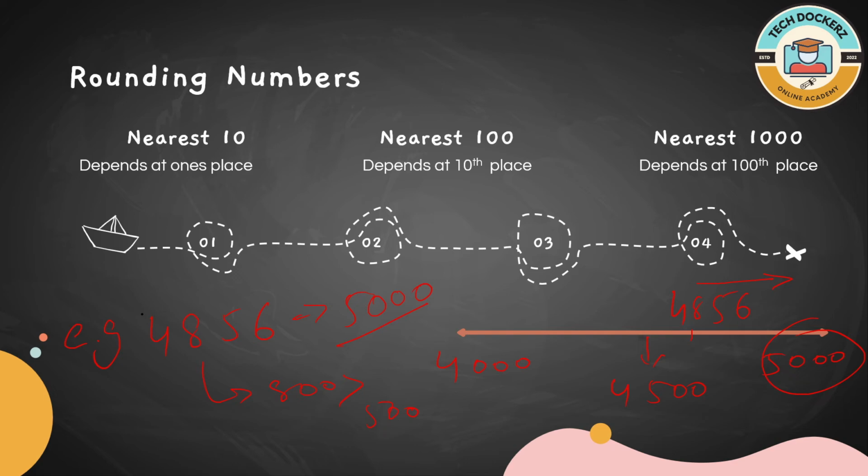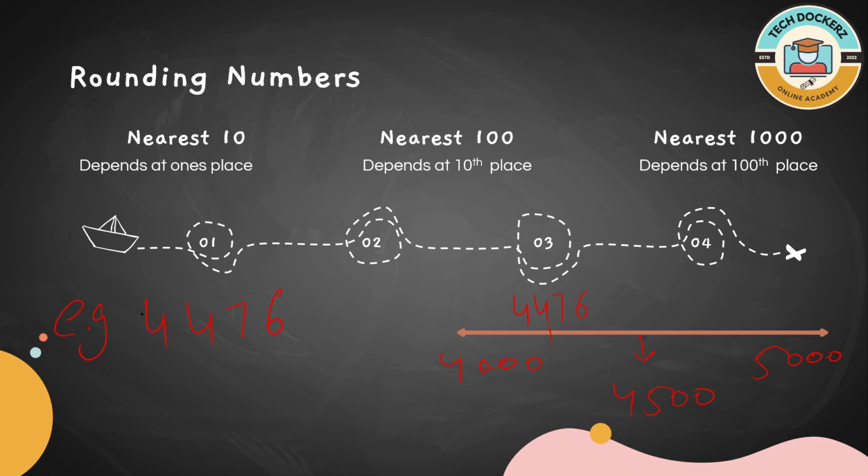All right. And if the value of the hundreds place is less than 5, what will happen? Let's understand with an example. 4,476 falls between 4,000 and 5,000. The halfway of 4,000 and 5,000 is 4,500. Let's write down the number, which will fall somewhere here, 4,476, which is less than 500, of course.